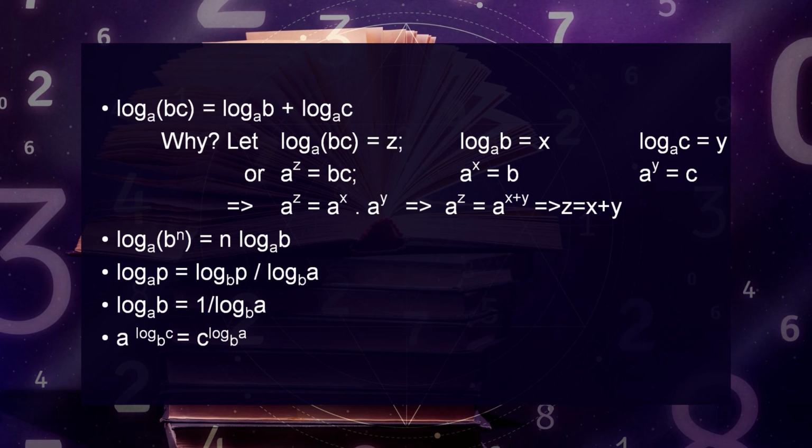And you can change the base also as far as log is concerned. For example, if you are taking log of p with the base a and you want to change it to base b, then it can be log p with the base b. However, you need to divide it by log a with the base b.